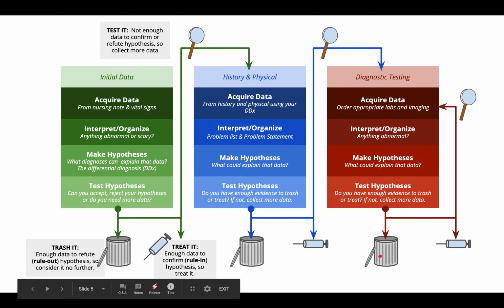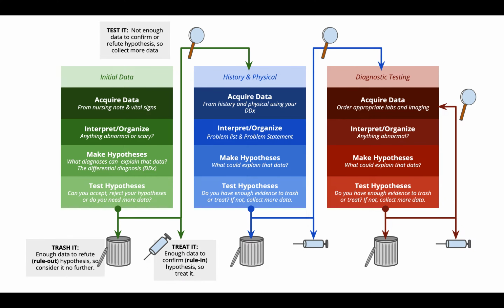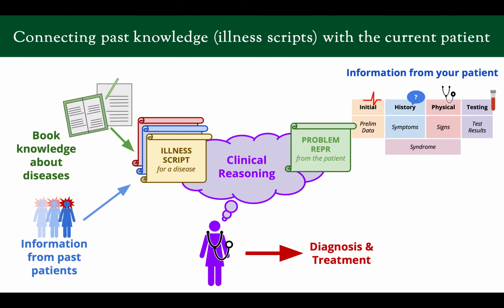And again, we either trash it, treat it, or need to get more data in order to make a diagnosis. And we keep going through this process till we have eliminated all the bad, scary things. We've ruled out all the bad things that it could be. And we've ruled in something to the point that we feel like we can start treatment on that patient.